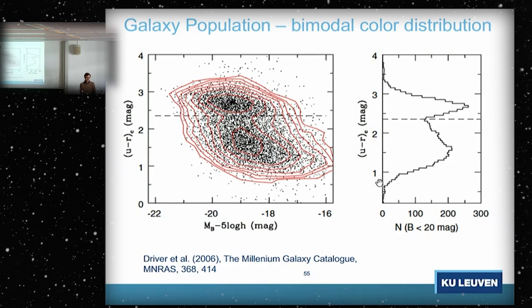This is the red and the blue peak, okay? Now, ellipticals are red, spirals are blue type of thing. So here you can see that it is a little bit like that, but there is a lot of galaxies also in between.